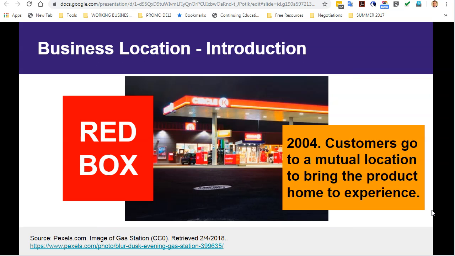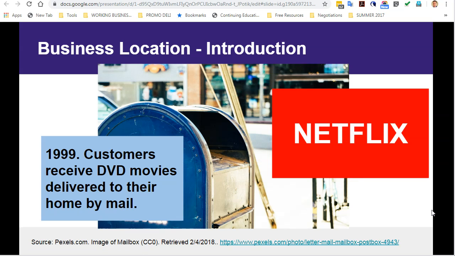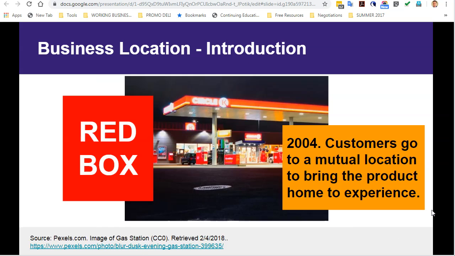Redbox is very similar, but what is interesting is that Netflix was in 1999. They were shipping it straight to the customer, whereas with Redbox, customers would still have to go to a location, but the location wasn't like a Blockbuster or a specific rental site. They could go to a mutually accessible location, such as a gas station.